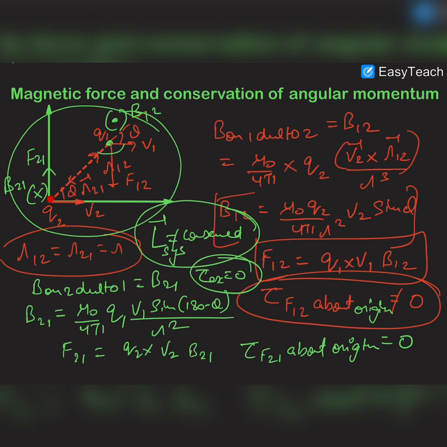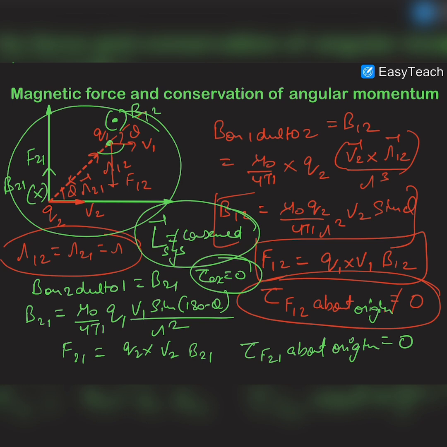Therefore, the net torque of electromagnetic force on Q2 about origin will be 0. And we know that the angular momentum conservation law is valid for total electromagnetic force.